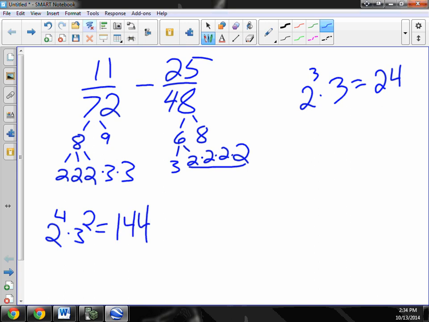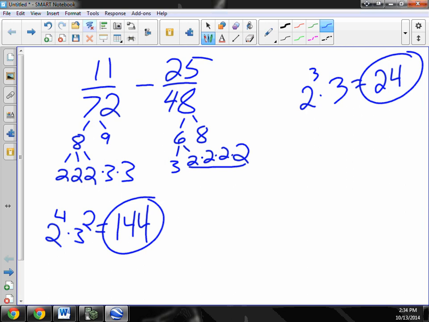If I pick the least multiplicity, that is the greatest common factor. If I pick the biggest multiplicity, that's the least common multiple. Right? 24 is the biggest number that goes into 72 and 48. 144 is the smallest number that 72 and 48 go into.